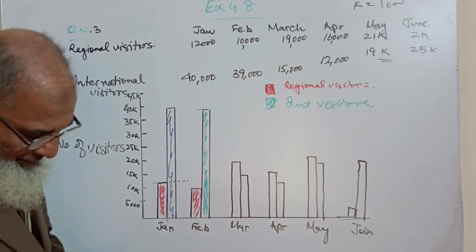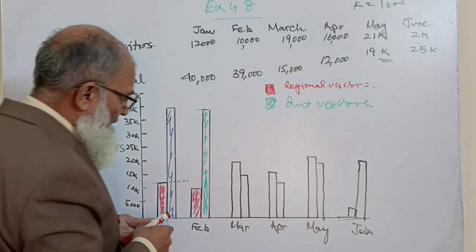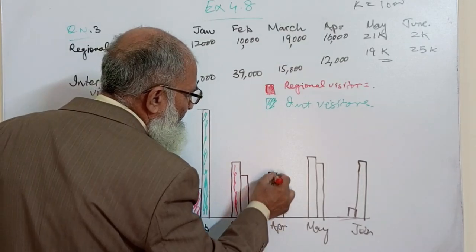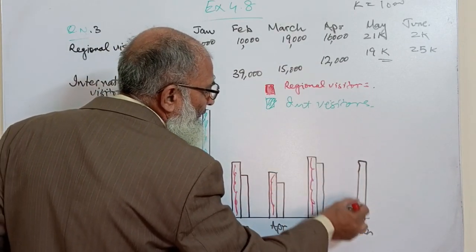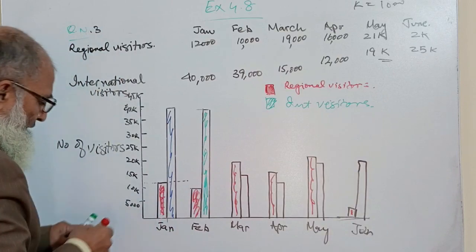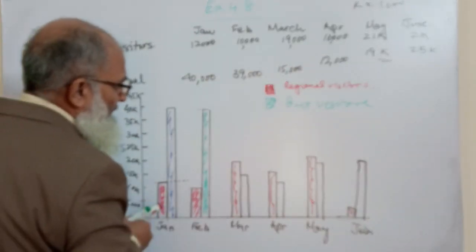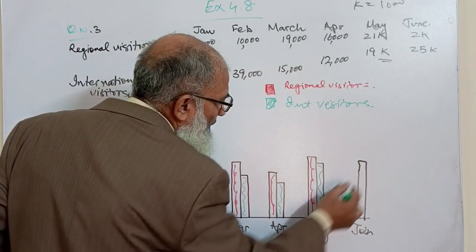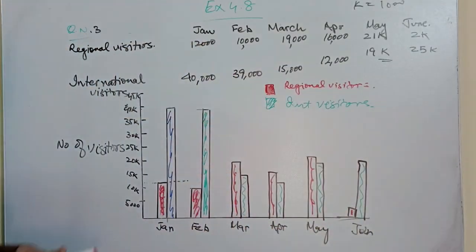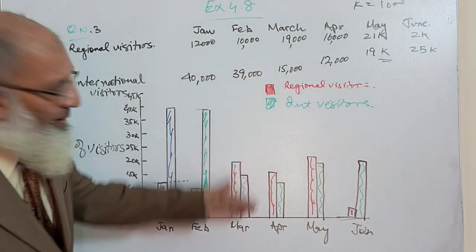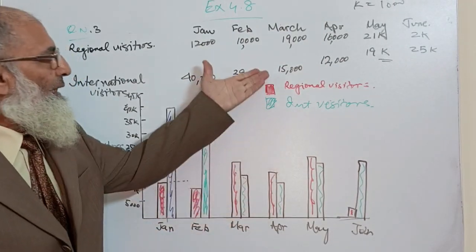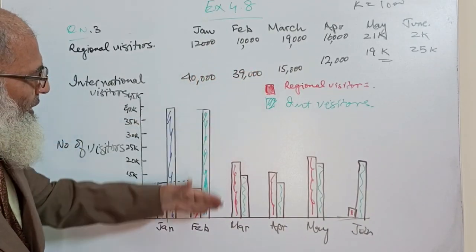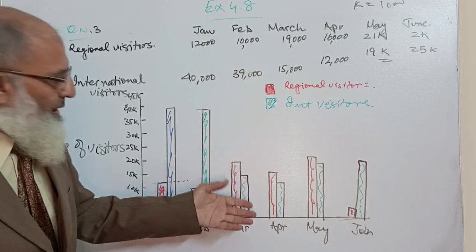So the chart will be looking like this. Red color means local visitors, and green color means international visitors. So if this chart is given only, but data is not given in its written form, we can easily guess.